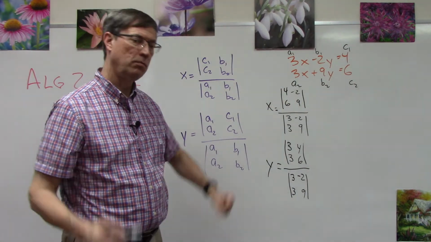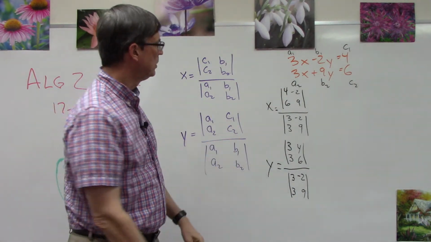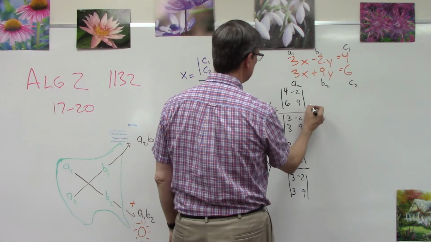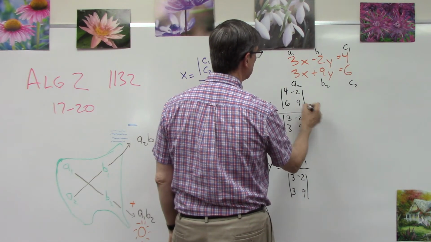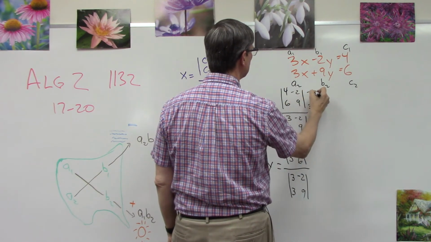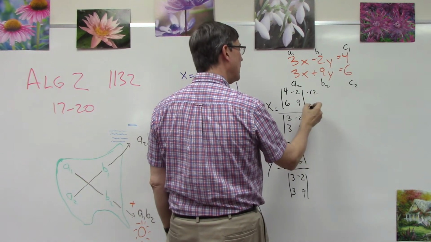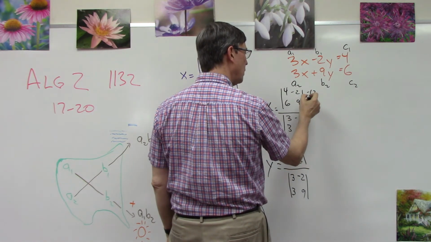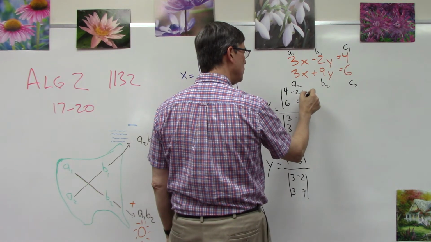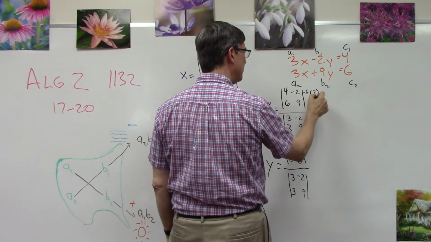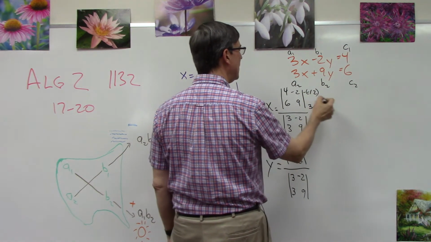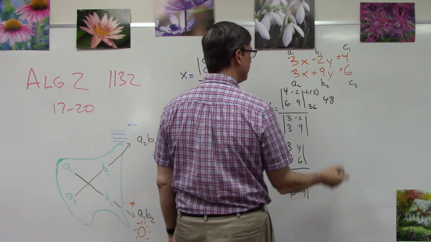And now, the magic. We just cross multiply, so this times this is 36, this is -12. And now we're not going to add 36 plus -12, we have to change this to its opposite, the opposite of -12, which is +12, and then we add that, so we get 48.